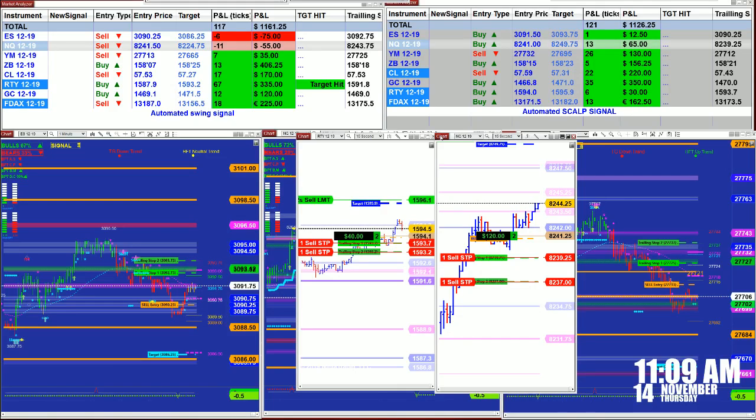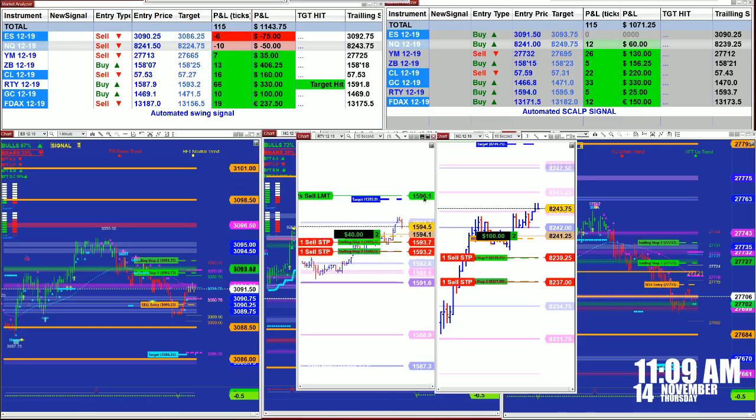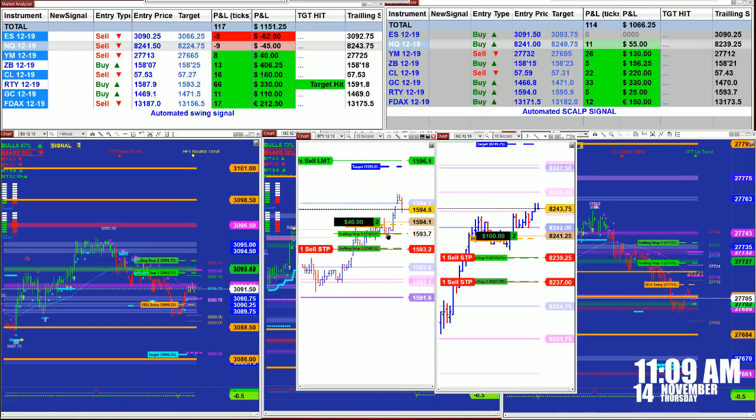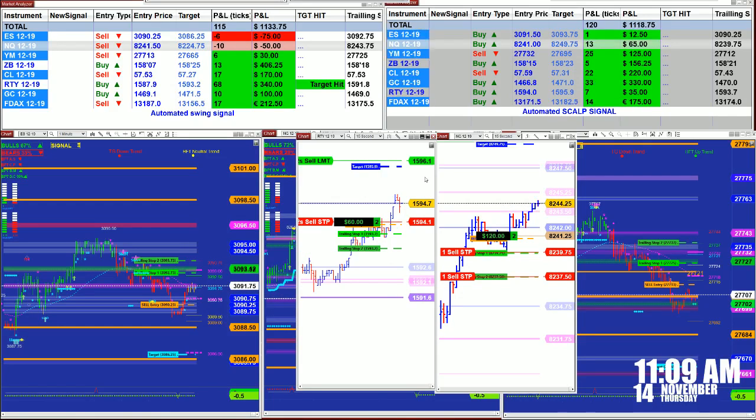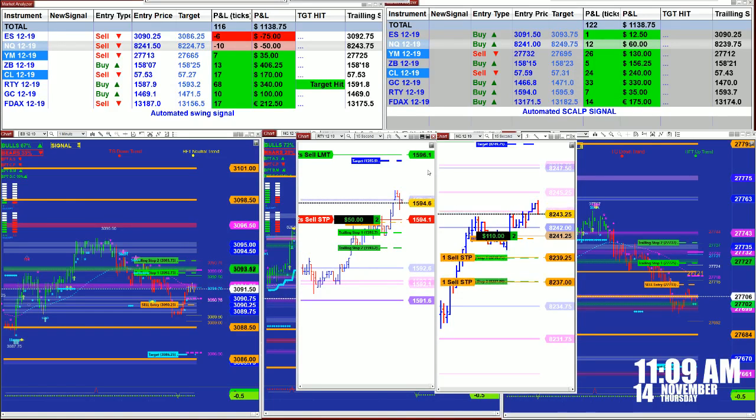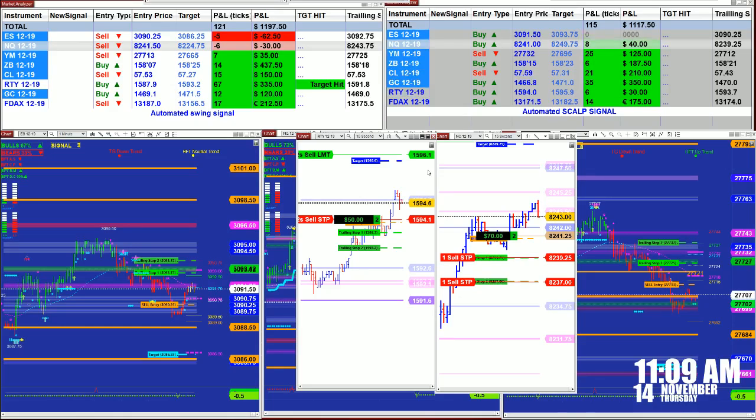I cannot find anything better or easier to automate your trades and manage your trades the way we are doing it. I think this is the best thing ever. It is.